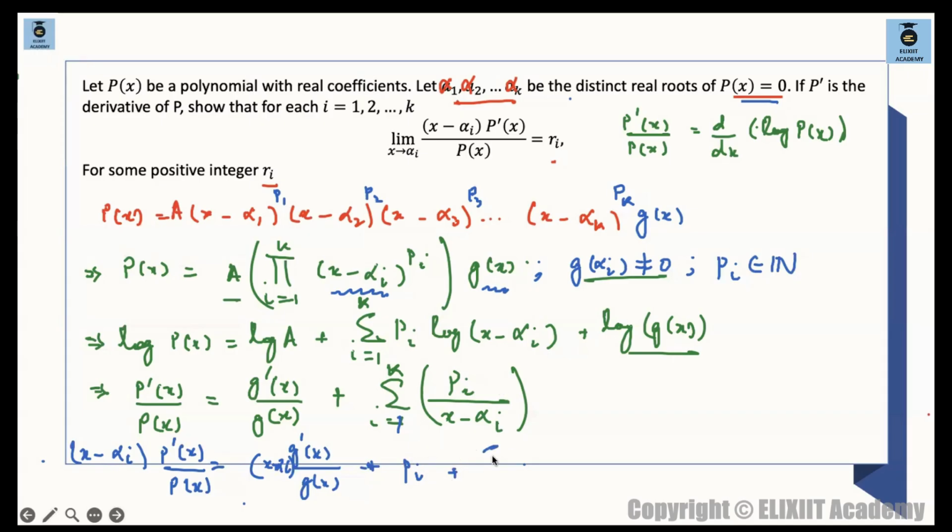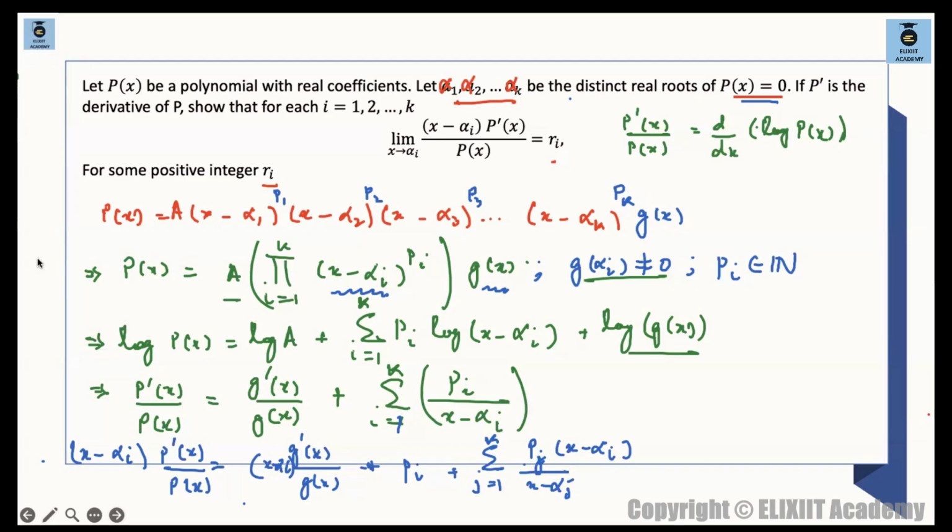And then the remaining values will be going from j equals 1 to k: pi divided by pj divided by x minus alpha j, pj divided by x minus alpha j multiplied by x minus alpha i. What we have done over here, look very carefully, once again I'm showing you. Please see very carefully what I have done over here.